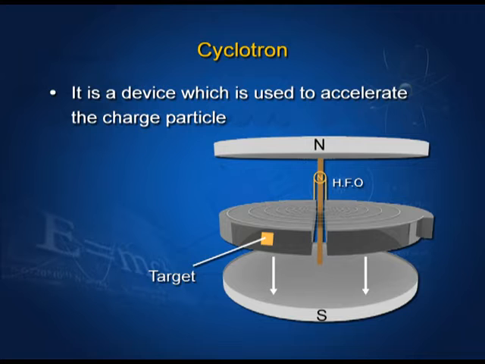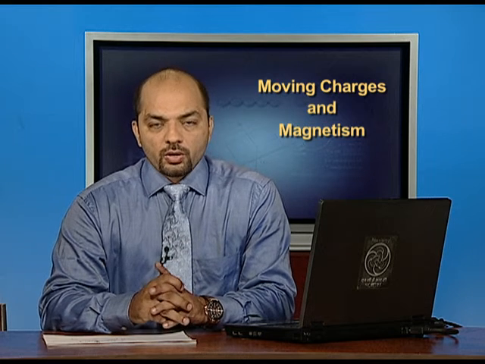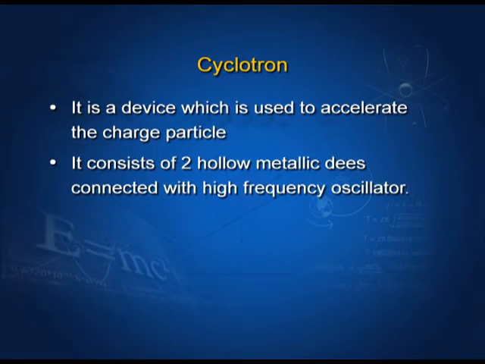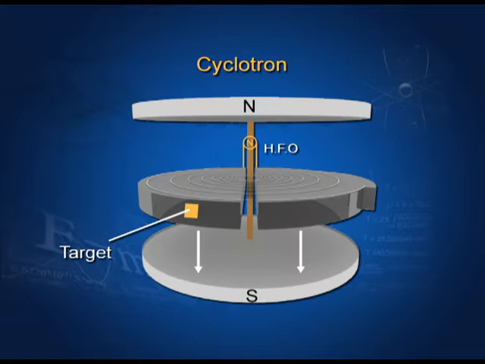Cyclotron. It is a device which is used to accelerate charged particles. It is based on the concept of Lorentz force. It consists of two hollow metallic Ds connected with a high frequency oscillator. The Ds are kept in the magnetic field normally. The purpose of connecting the high frequency oscillator is to reverse the polarity of the Ds as per the requirement.